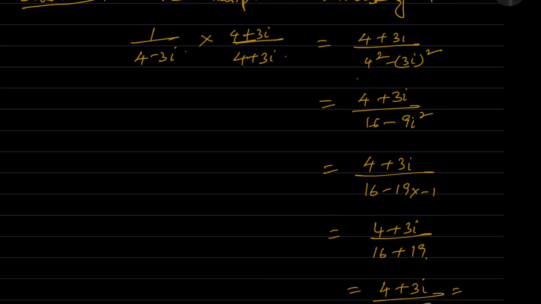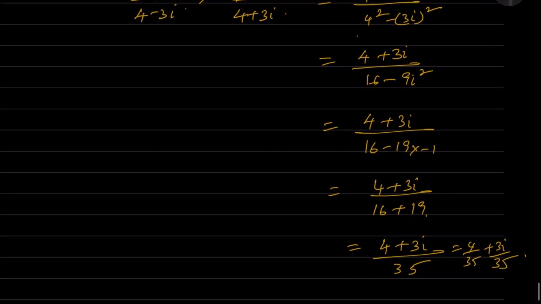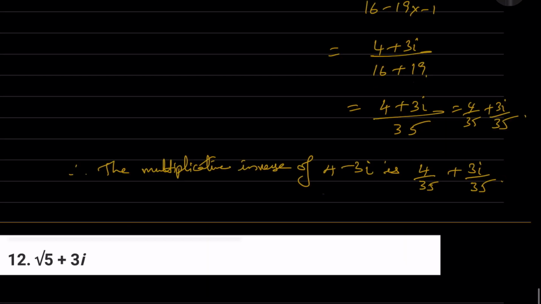So this can be written as 4 by 35 plus 3i by 35. Therefore, the multiplicative inverse of 4 minus 3i is 4 by 35 plus 3i by 35.